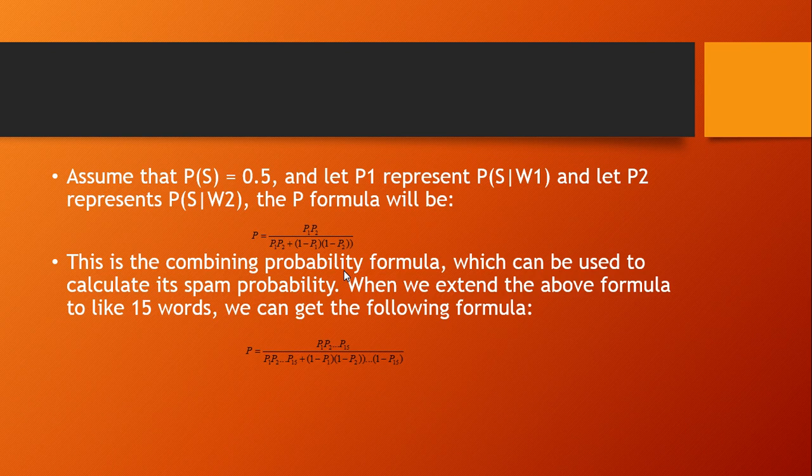For example, we choose 15 words as keywords, and if an email contains these 15 words, we can calculate the combined probability of these 15 words. If the probability is higher than, let's say, 0.9, then we can judge that this email is spam email. If the probability is less than 0.9, then we can say that this email is normal email.